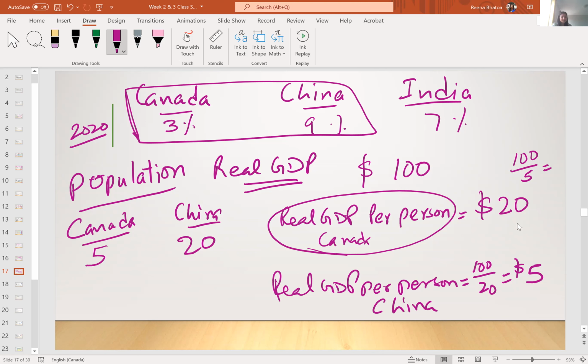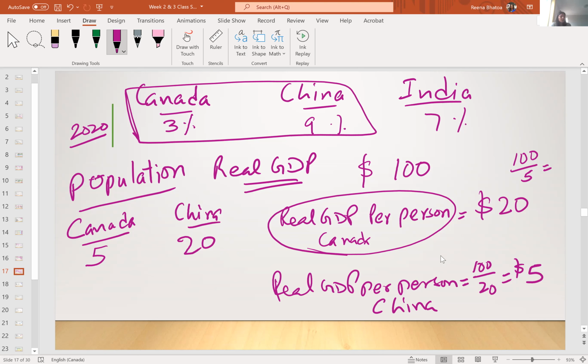This big difference in standard of living also explains it. If both Canada and China have $100 real GDP, even if they have same growth rate, their standard of living, their development will not be same because of the population growth rate. If population growth rate is more than growth rate in GDP, the country's standard of living will really be low, right?